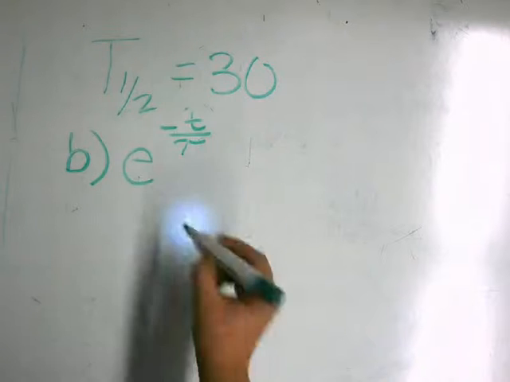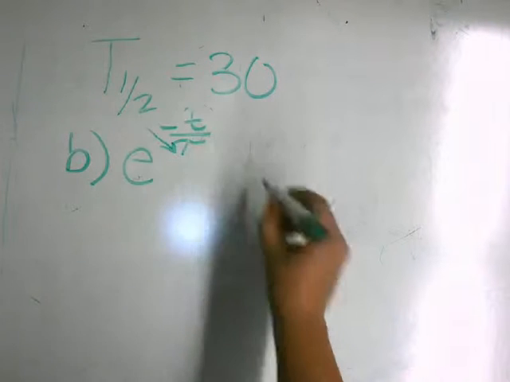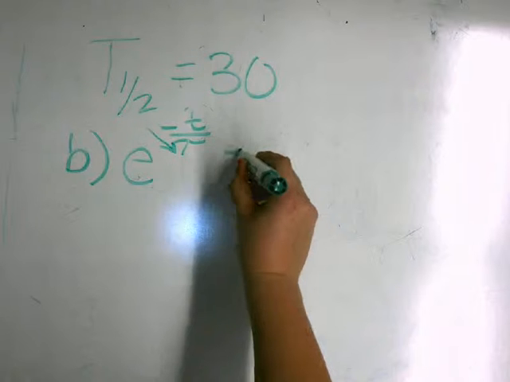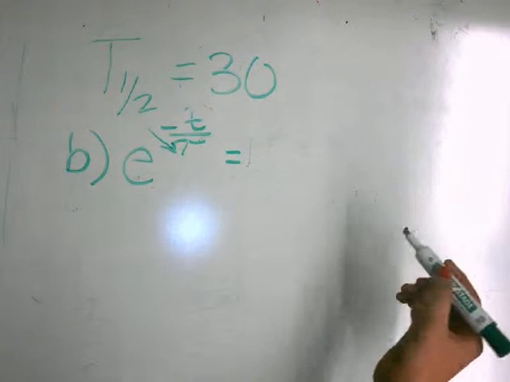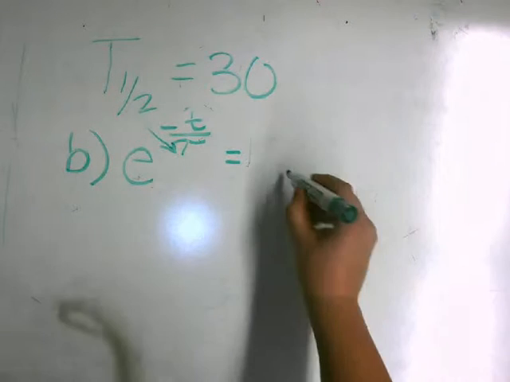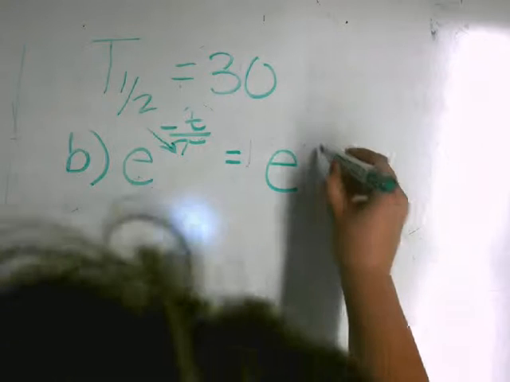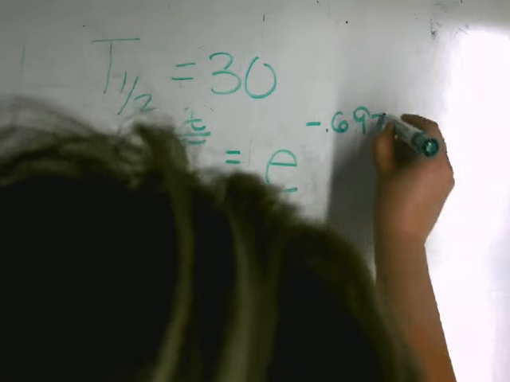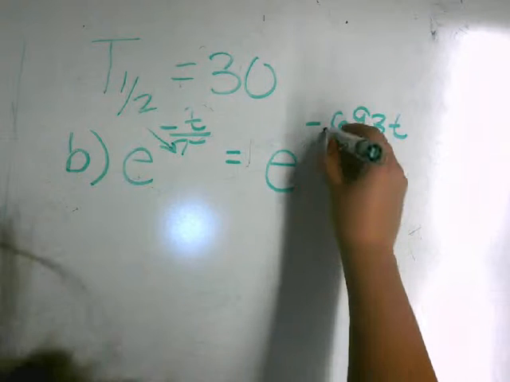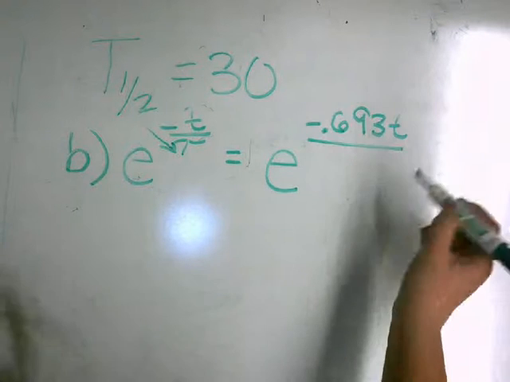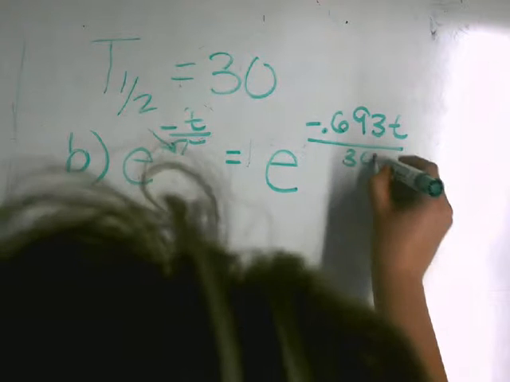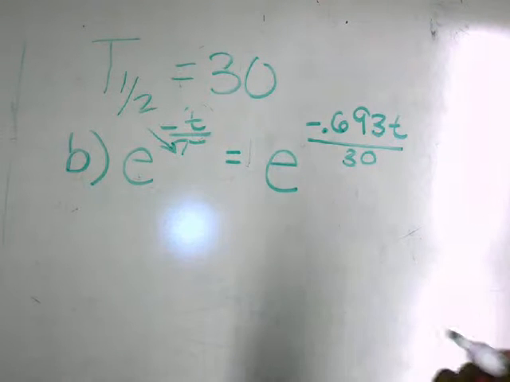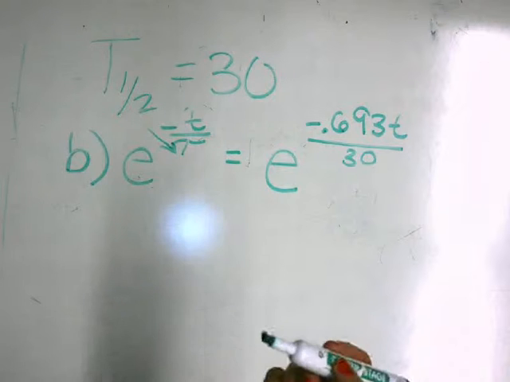Now that's the equation of how much is left after t time, is equal to e raised to the negative 0.693t over the half-life, or 30. This is just another one of the about 6 equations that provides to you the amount left after a certain amount of time.